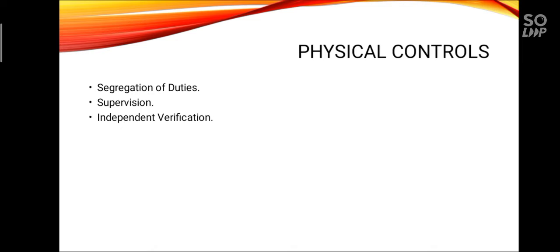Independent verification. The purpose of independent verification is to review the work performed by others at the key junctures in the process to identify and correct errors. Following are two examples in the revenue cycle. The shipping department verifies that the goods sent from warehouse are correct in type and quantity before the goods are sent to the customer.